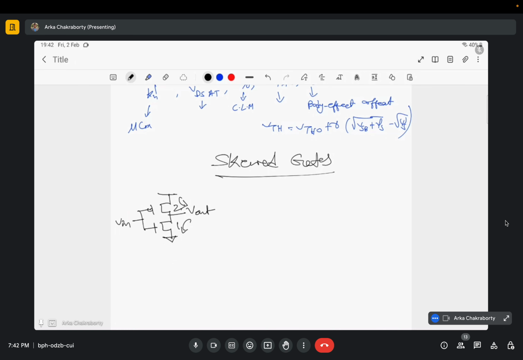Now, to make one path faster than the other, some techniques are used. One of them is skewed gates. What I do is intentionally make one of the transistors weak.